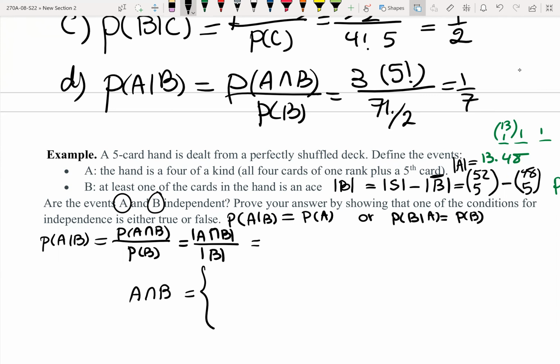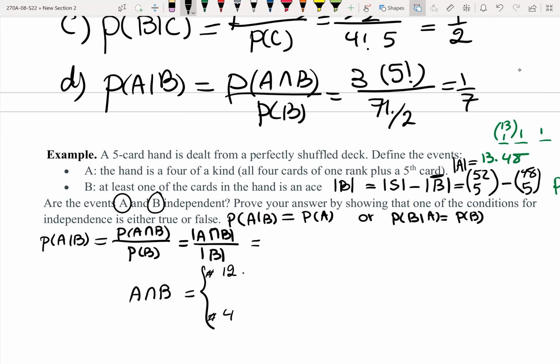I think 12 of them, going from 2 to the jack, king, and queen. You have the ace as the 5th card. And then for the other one, there's the case where all 4 of them are aces. So I think that's 12 factorial and then plus 1.